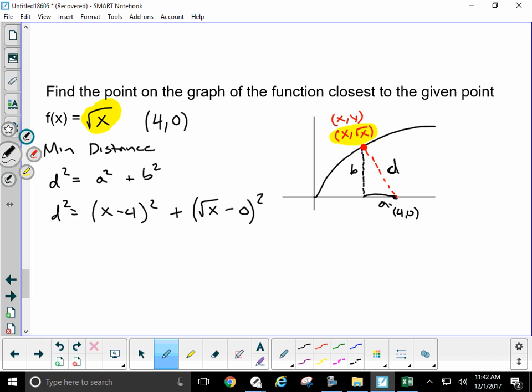If you are not comfortable with this, remember that the distance formula is the square root of x2 minus x1 squared plus y2 minus y1 squared, which is just the Pythagorean theorem. I'm not going to take the square root of both sides because it turns out minimizing distance squared is going to give me the same result as minimizing distance.